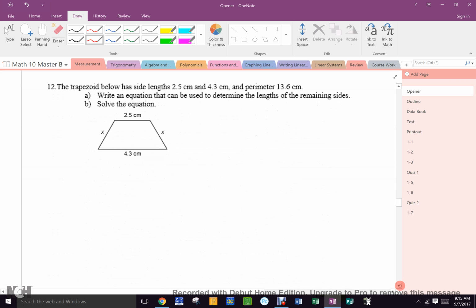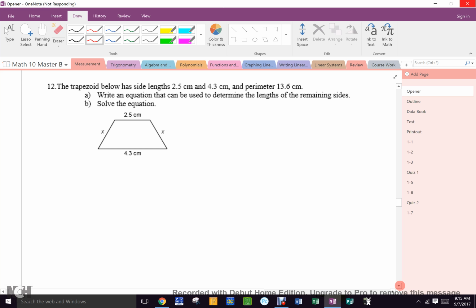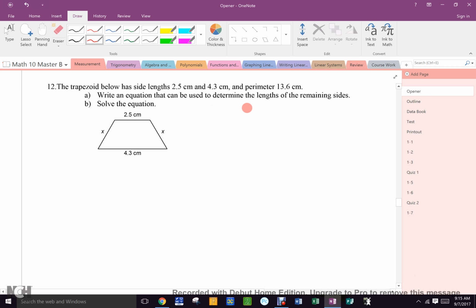I don't know, there it is. The last question for you guys. Write an equation to find this. So, what do we know about these values?